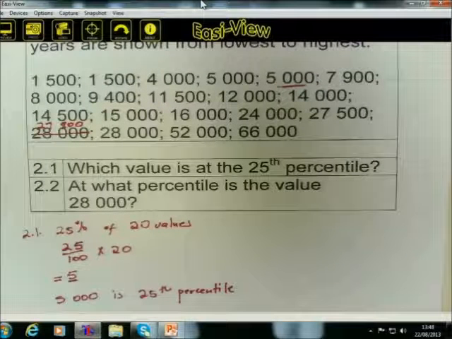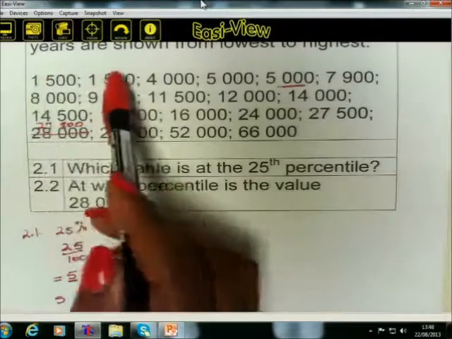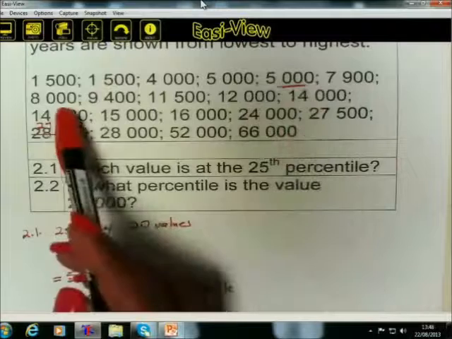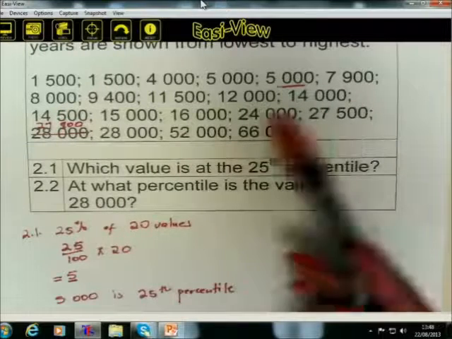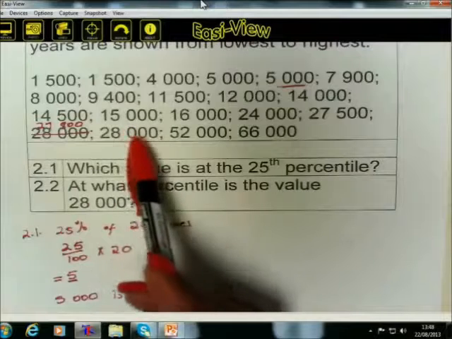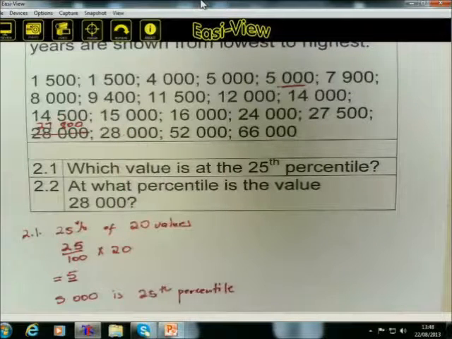Okay, grade 12s, let's look at the position of 28,000. It's 1, 2, 3, 4, 5, 6, 7, 8, 9, 10, 11, 12, 13, 14, 15, 16, 17, 18. So it's the 18th value out of 20 values.